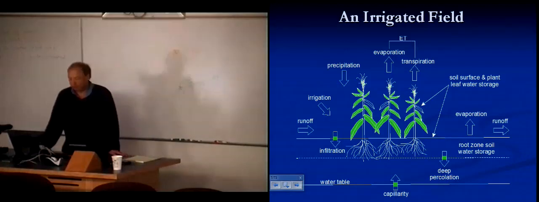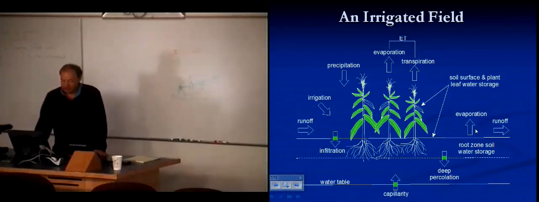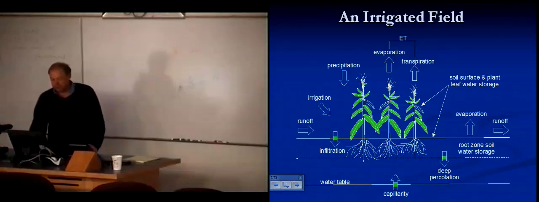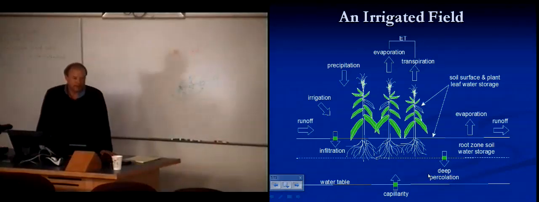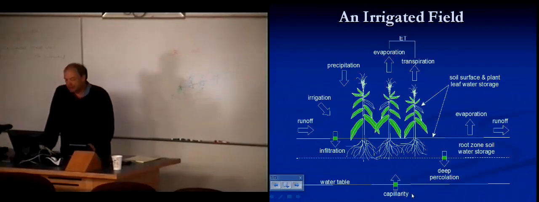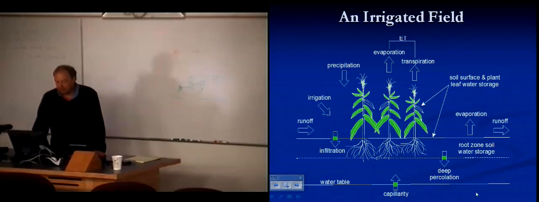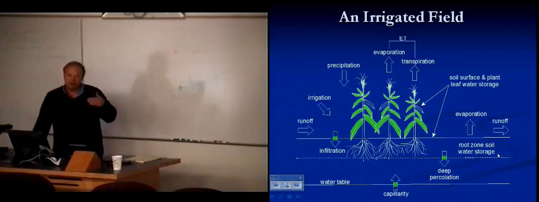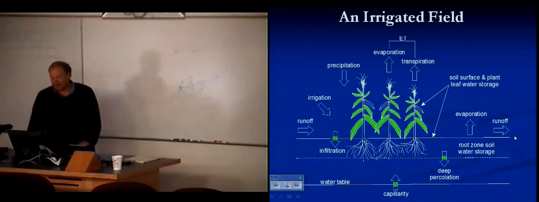Okay, sandy soils have clay soils, surface irrigation. Okay. Then you have on the other end subsurface drip systems, where the water is delivered at the root zone of the crop, okay, and avoiding evaporation and deep percolation and so forth.